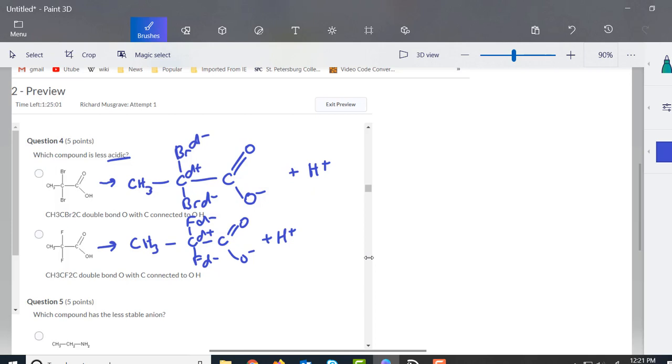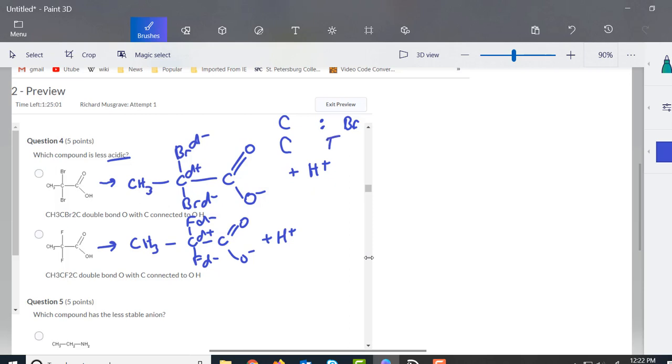Now the way we explain this, in terms of stability, has to do with what the bonds look like. Because of the electronegativity difference, in a bond between C and Br, the electrons are going to be between the C and the Br, but a little bit closer to the bromine than the carbon.